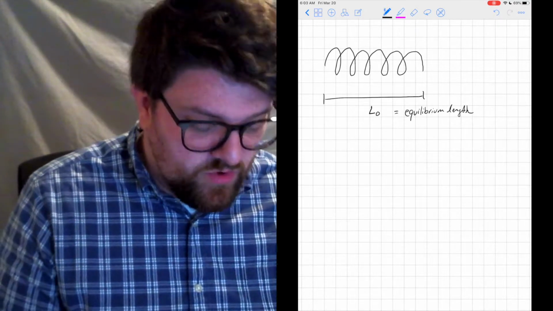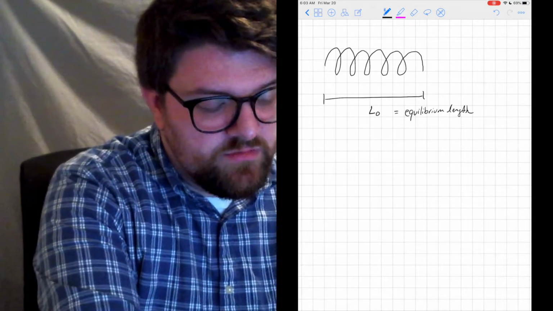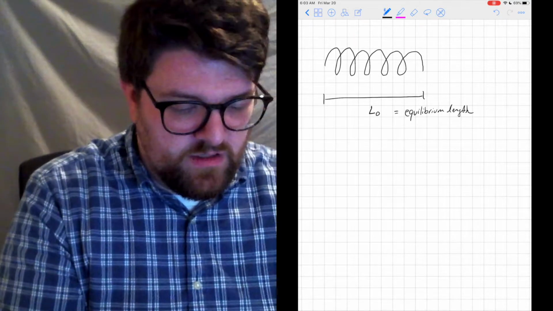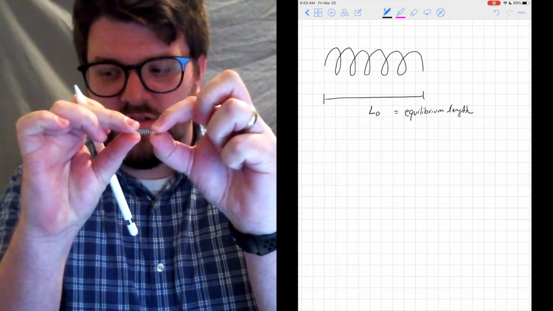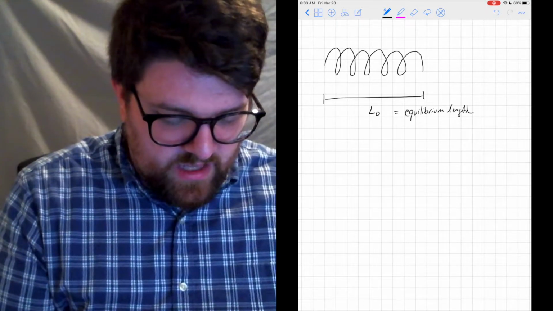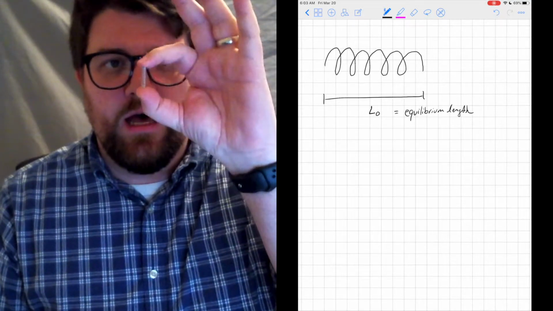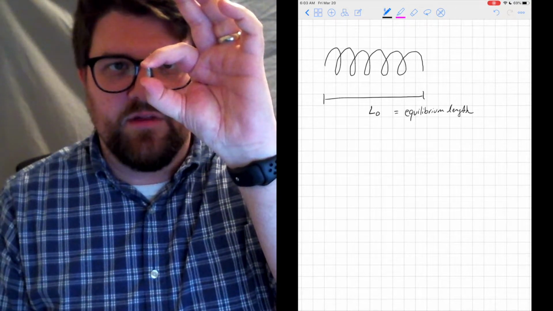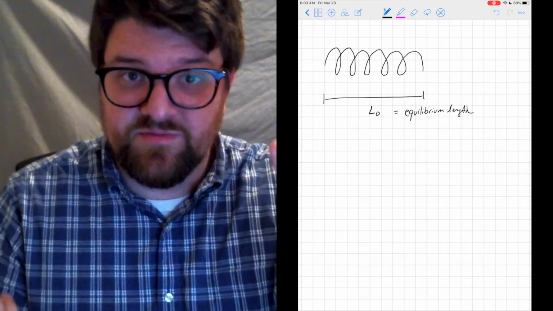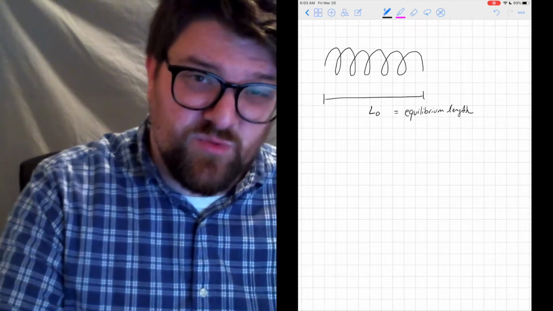So restoring forces. Our equilibrium length is important because any distance past that equilibrium length, I'm going to experience a restorative force, a spring force.